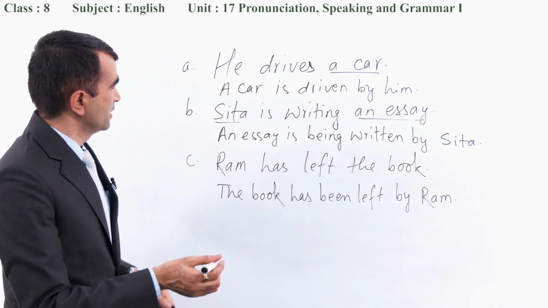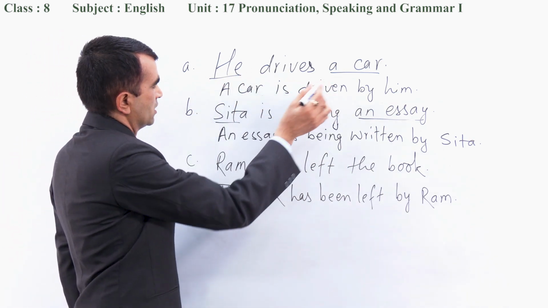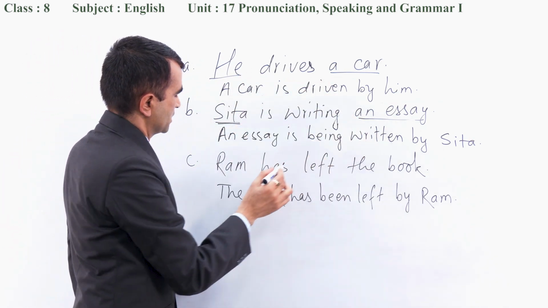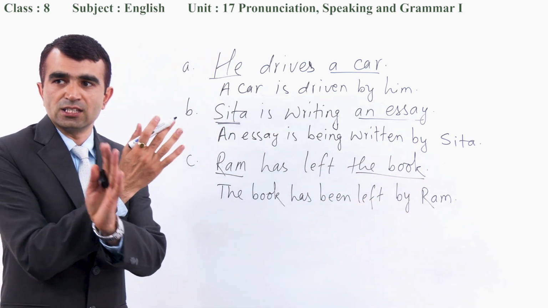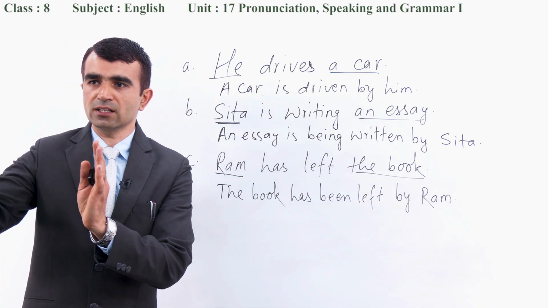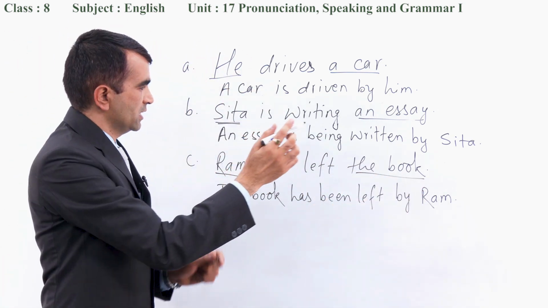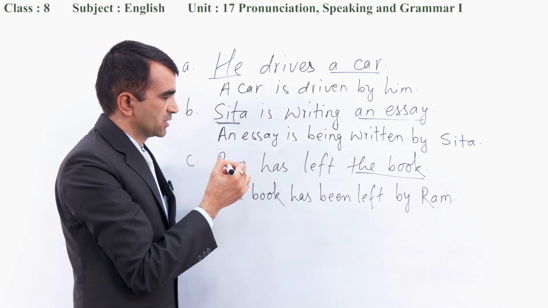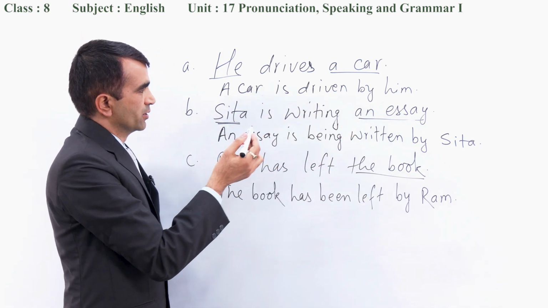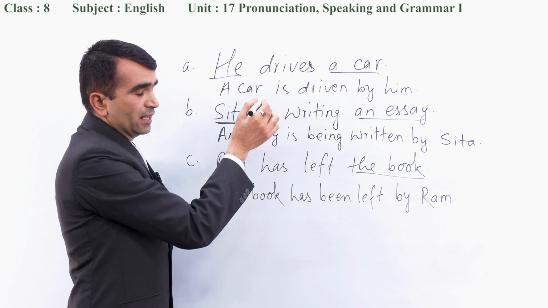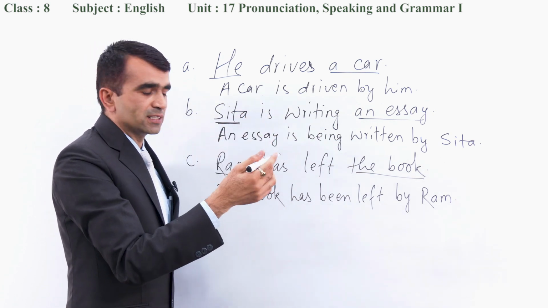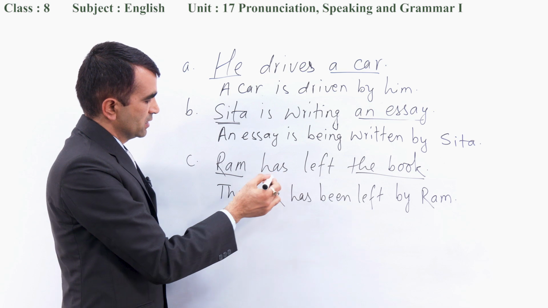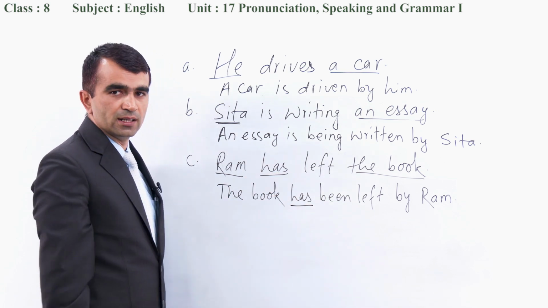Okay, here subject, object; here subject, object; here also subject and object. They change their position. Subject goes to object position and object comes to subject position. Now, what is more? If there is an auxiliary verb, you use the same auxiliary verb here, because here has comes here as well.